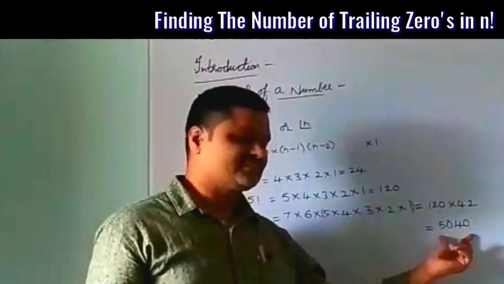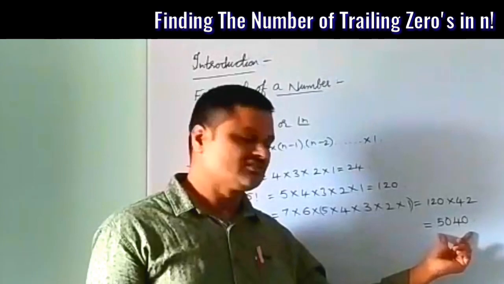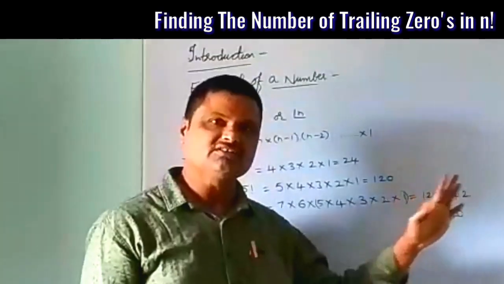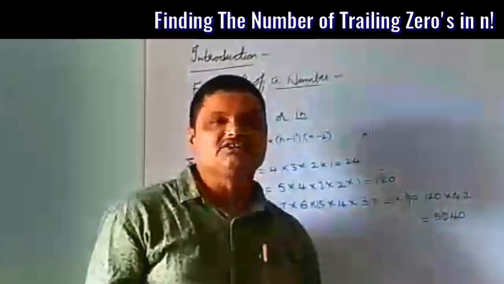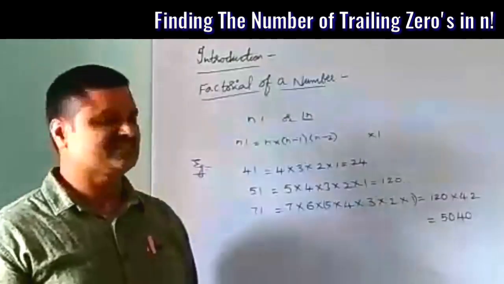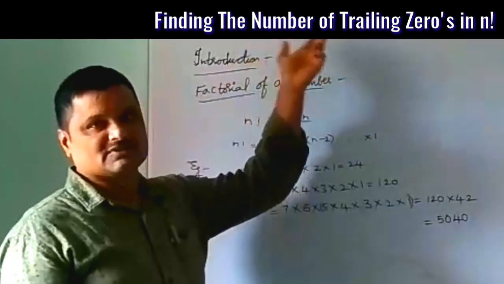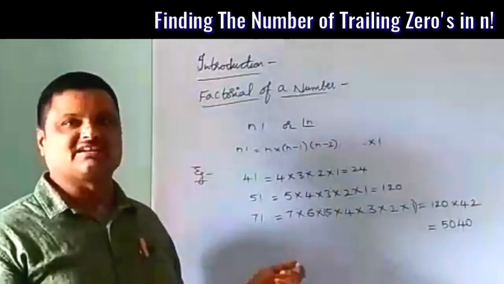How many zeros does it have? 2 zeros. Are there 2 trailing zeros? No. Only the zero at the end of the given number is said to be the trailing zero.